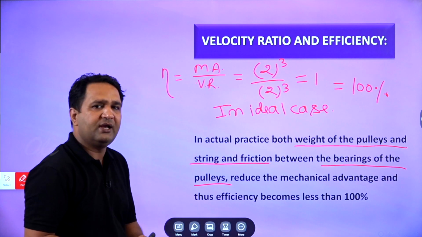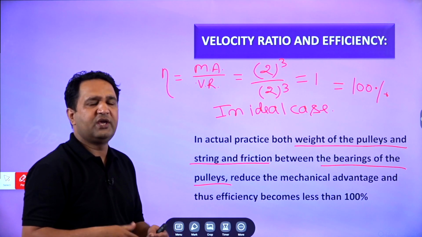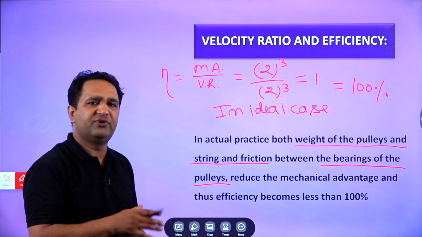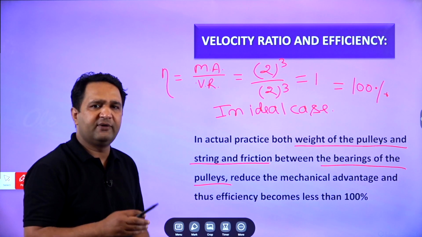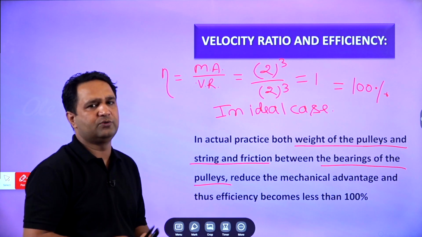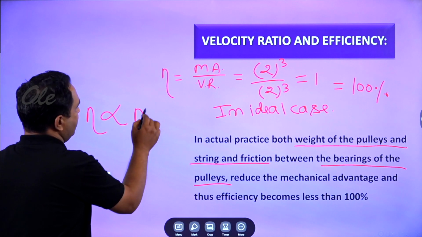These will increase the amount of effort which we have to apply. Hence, mechanical advantage will reduce. If the mechanical advantage reduces, then efficiency will definitely reduce, because efficiency is directly proportional to mechanical advantage.